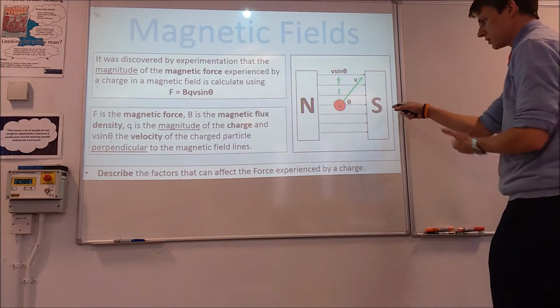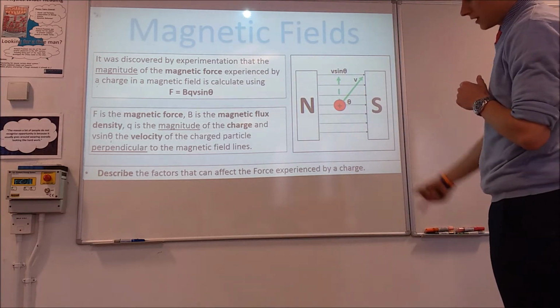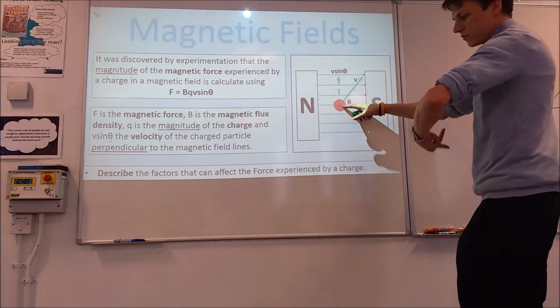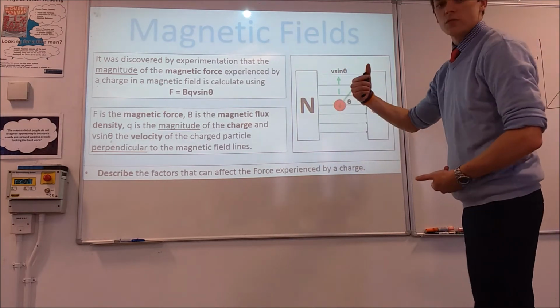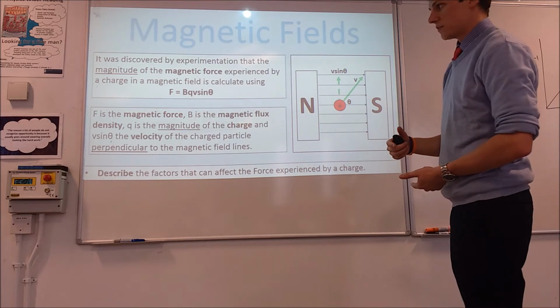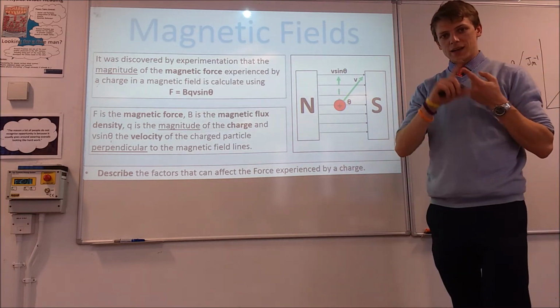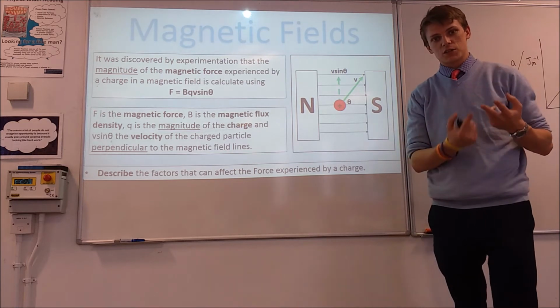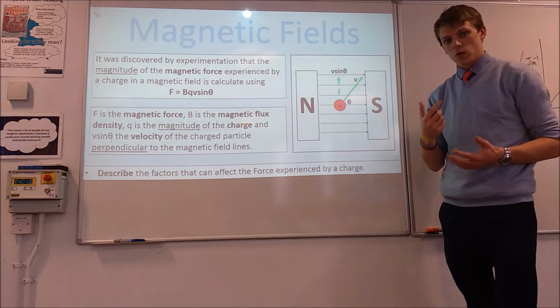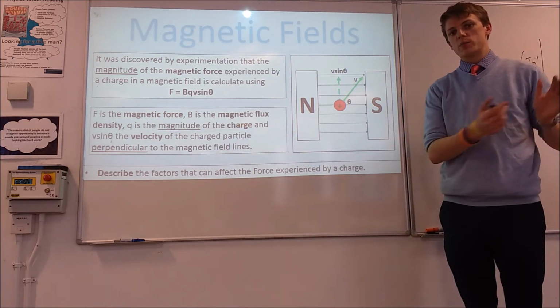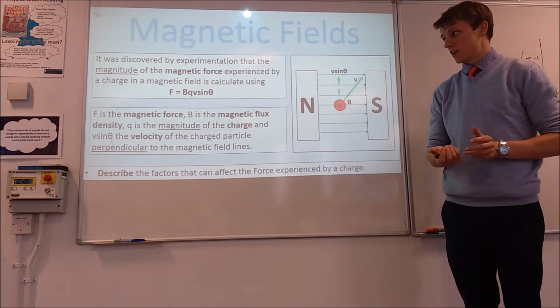So our positive particle would go into the board here, and our negative particle would come out of the board there if it was negative, not positive. So now we can work out the magnitude of the force, and we can work out the direction of the force, so we can predict what will happen to charged particles when we put them inside a magnetic field.